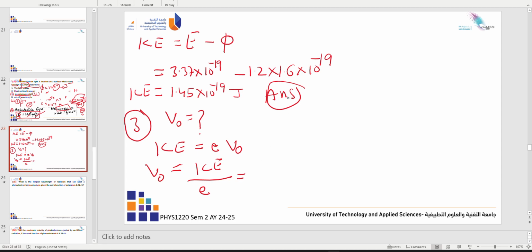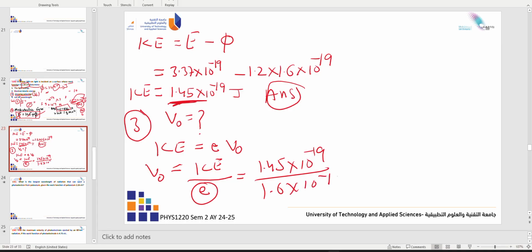I already calculated the kinetic energy, so this will be 1.45 times 10 to the power minus 19, divided by the charge of the electron, 1.6 times 10 to the power minus 19. The powers of ten cancel out, and I divide 1.45 by 1.6.